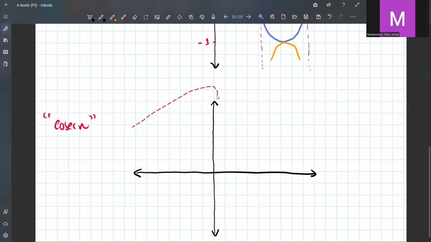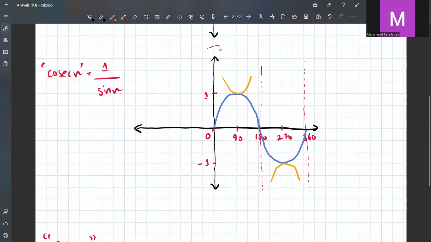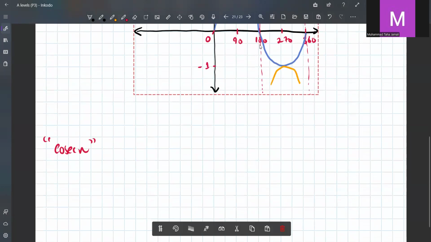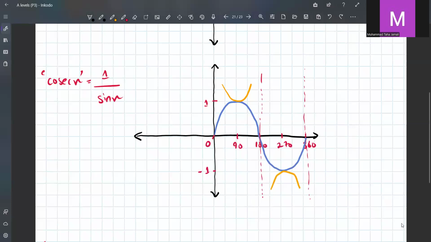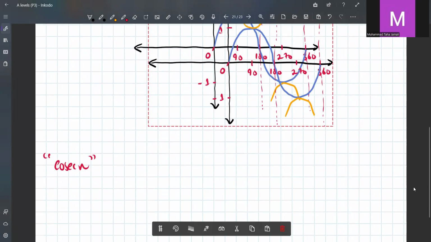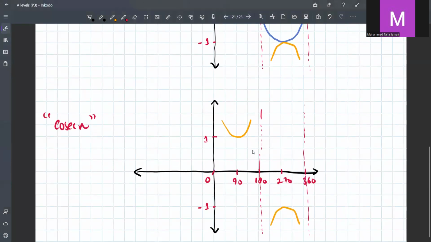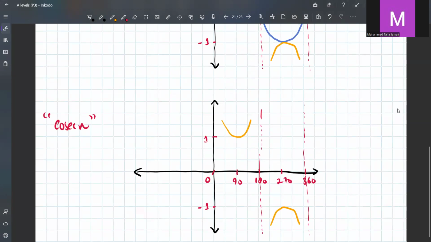Let me delete this first. Yes, the cosec x graph will only contain these two orange curves.